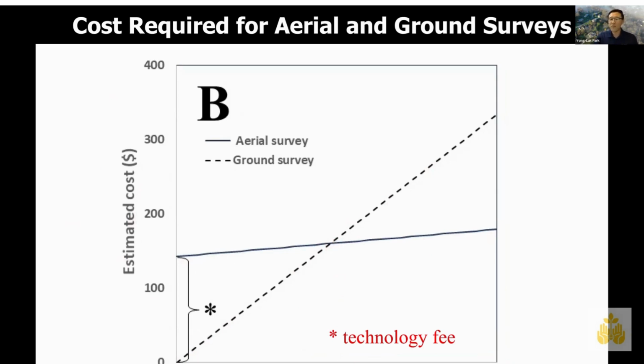But if you have more than 15 blocks to survey, then the drone is more economical. If you have fewer than 15 blocks, then the ground survey may be more economical. If you look at the aerial survey, it already starts at $150 because of the technology fee. You have to have the drone flight, the drones, the pilot, and even image analysis later.